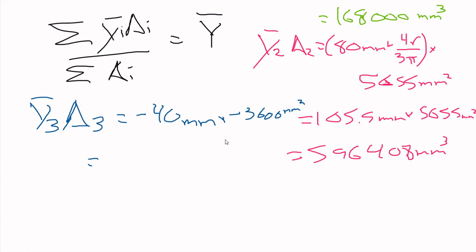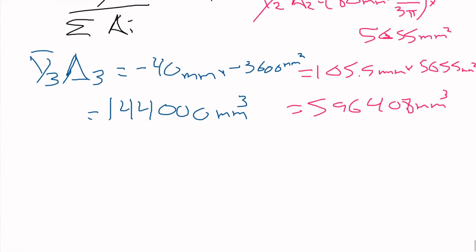It shifts the centroid upwards. So that gives us 144,000 millimeters cubed.